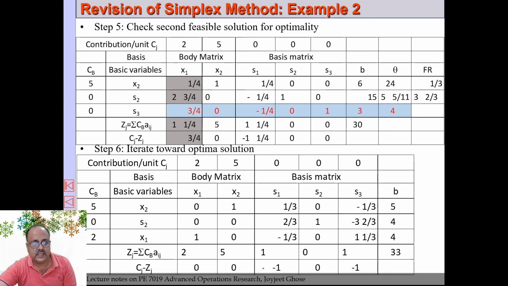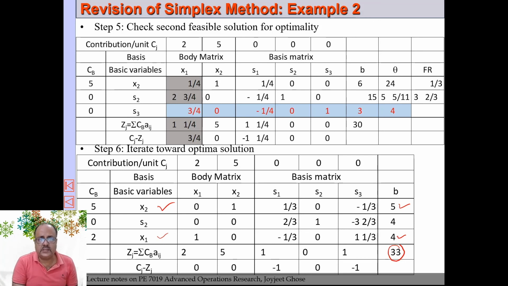So therefore this is an optimal solution, and we have the solution as x2 is equal to 5 and x1 is equal to 4, and the optimal solution z equal to 33. So this is my solution. You can put the values of x2 and x1 in the objective function and check, it will come out to be 33. So this is how we solve the simplex method.